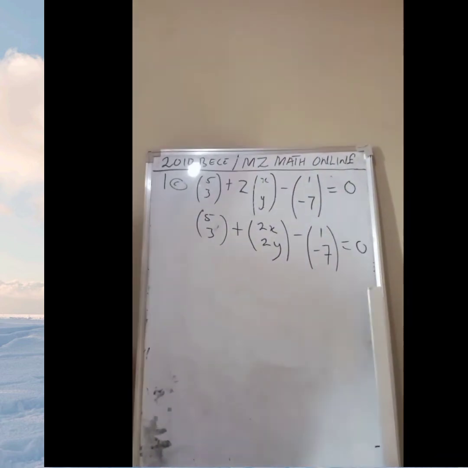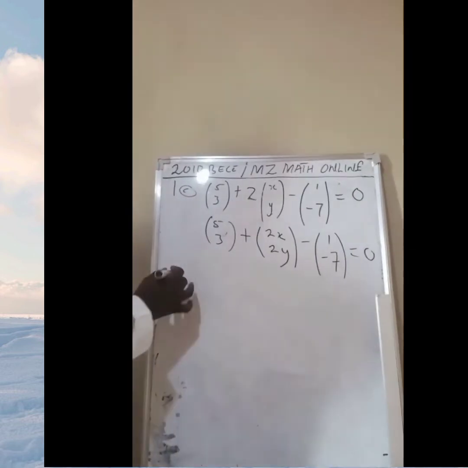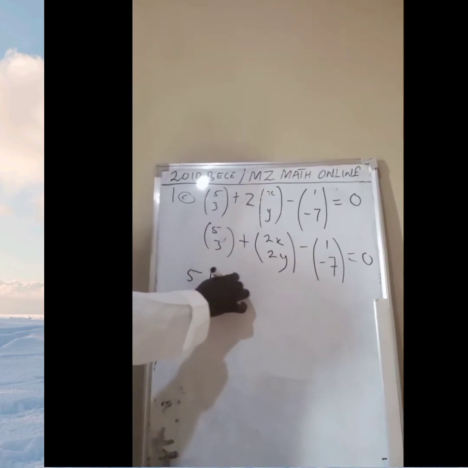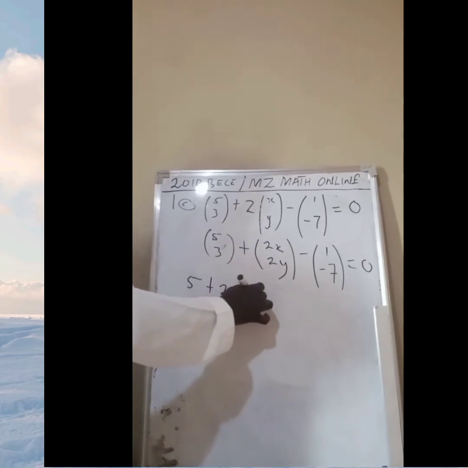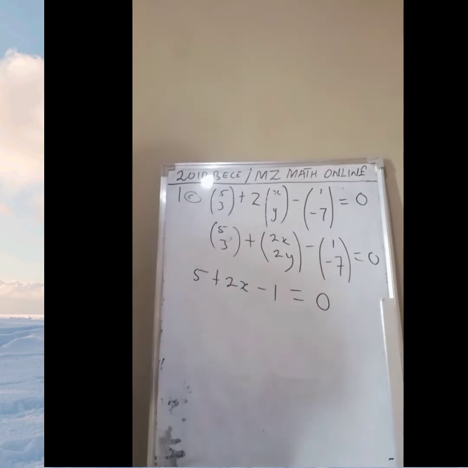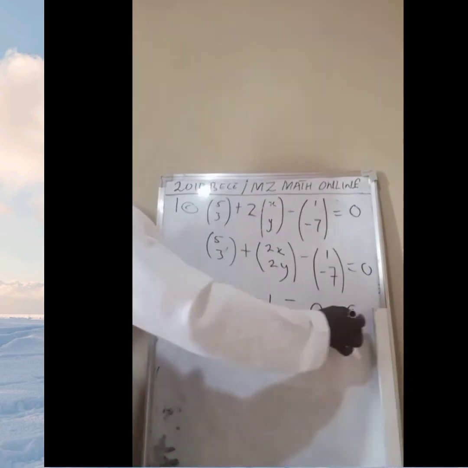So by that, when we equate all the top numbers, we have 5 plus 2x minus 1 is equal to 0. So let's decide to call this one equation 1.